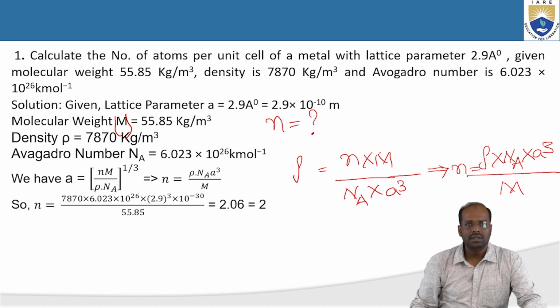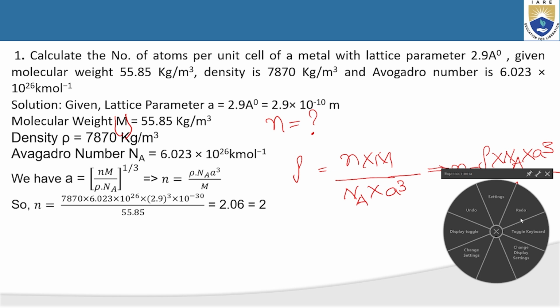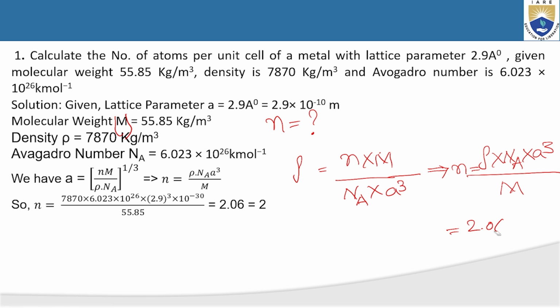After substituting, what value are we getting? Nearly 2.06. So 2.06 is approximately equal to 2.